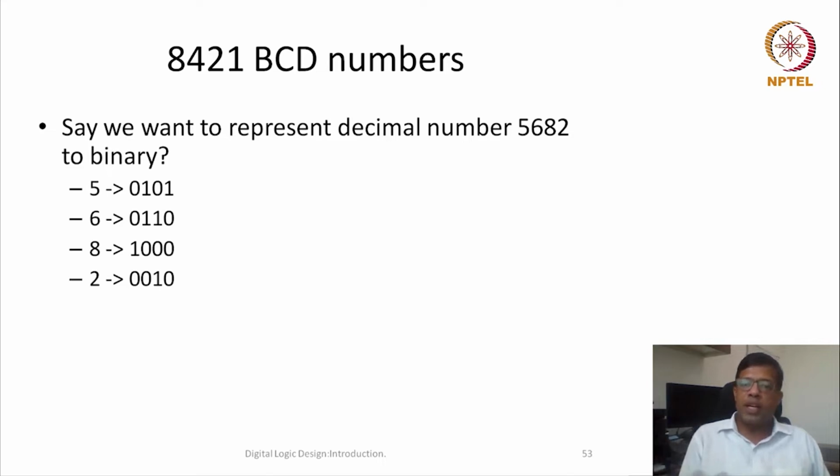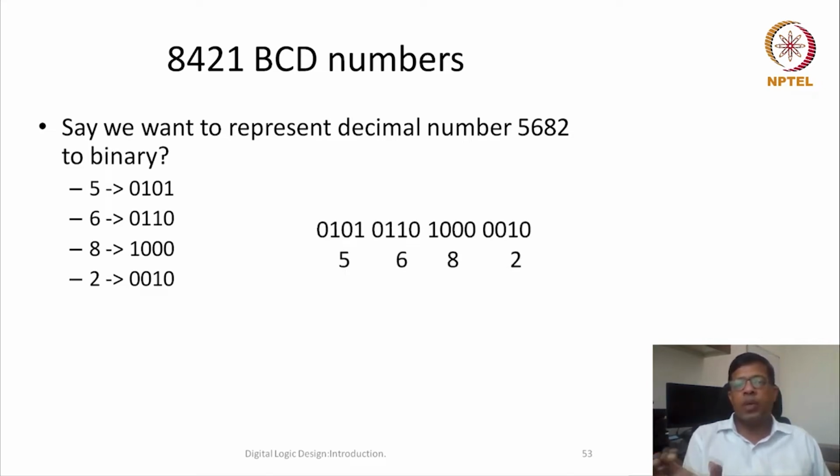So we simply concatenate all of these numbers, and we say that to represent a 4-digit decimal number we would require a 16-bit binary number. Okay, so that means whatever number of digits are there in a decimal number, we multiply it by 4, and that many bits are required to represent it in binary.